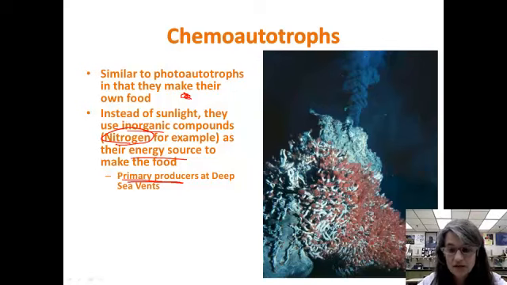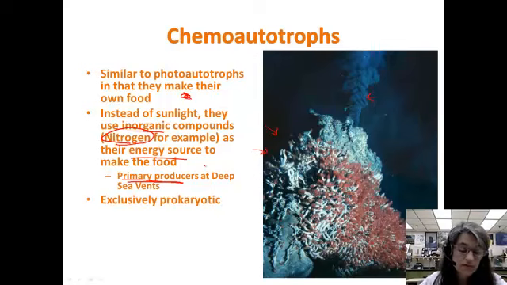At the deep sea vents, there are bacteria that are using the chemicals that come out of the deep sea vents to make their own food, and then whole ecosystems, these worms, for example, rise up around them. Okay, so in this case, these bacteria are the primary producers in that environment.